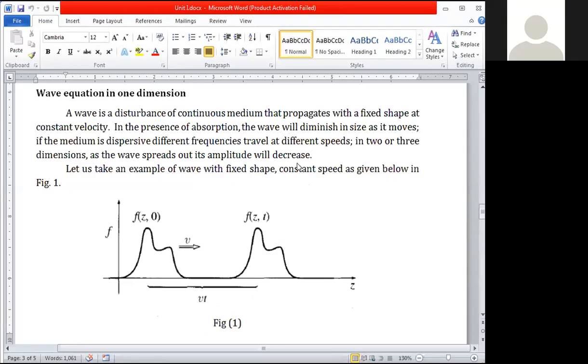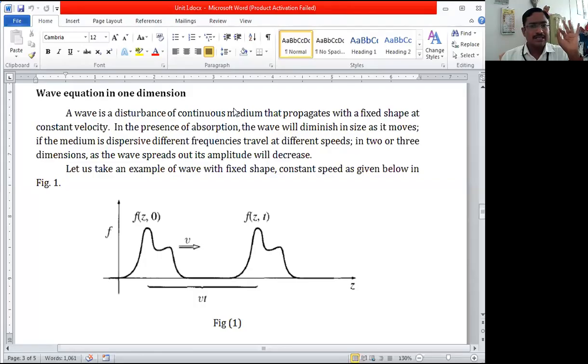So in the previous lecture we discussed the Maxwell's equations in a microscopic form and a macroscopic form. Now if we consider the Maxwell's equations, we have four things: Gauss law, magnetostatics, Faraday's law, and Ampere's law, and Maxwell's correction to the Ampere's law.